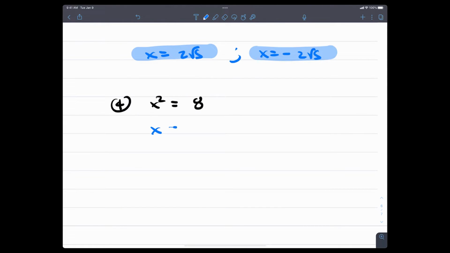X equals plus or minus the square root of 8. But what do you have to do with the square root of 8? Remember this? You have to simplify.